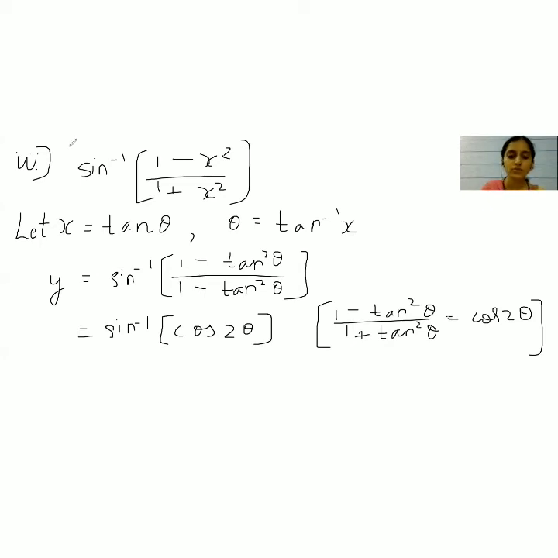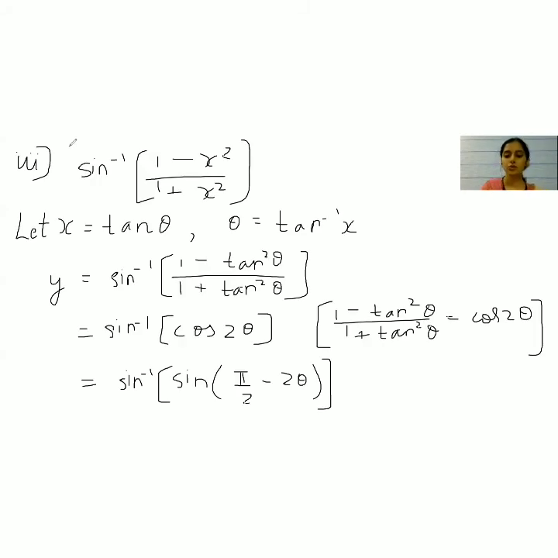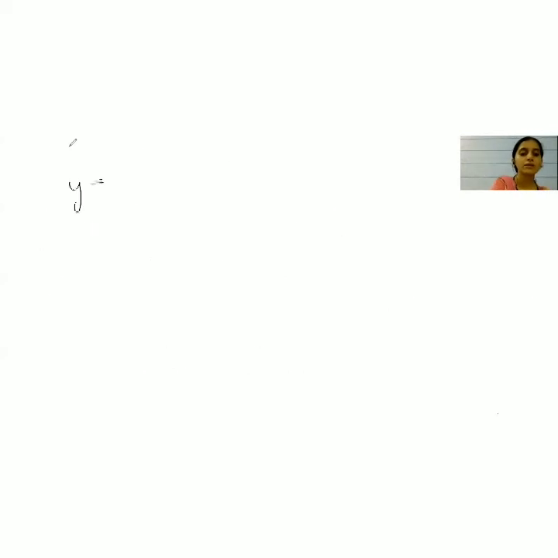So what we have to do, we have to write it in complement form. So sine inverse of bracket sine of pi by 2 minus 2 theta. Correct? So we'll have y equal to, what is sine inverse of sine? It is theta itself. Pi by 2 minus 2 theta.